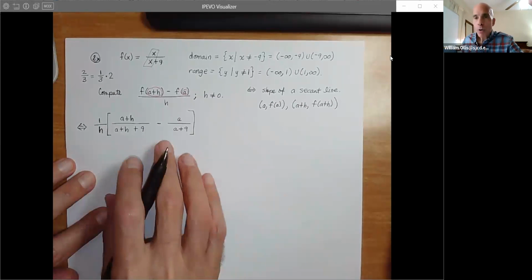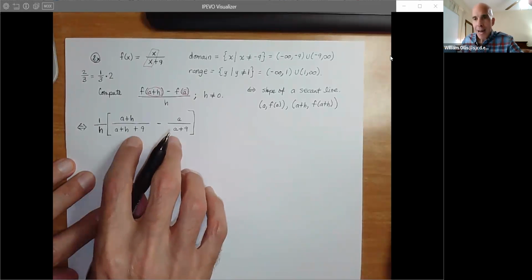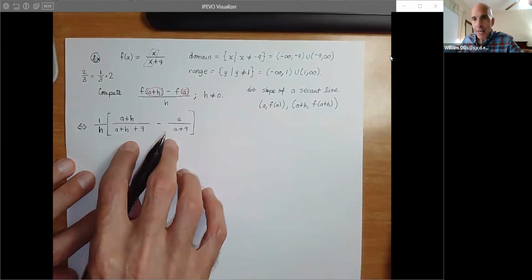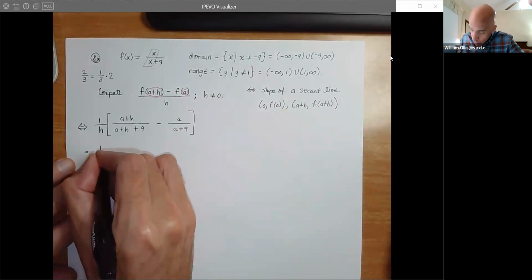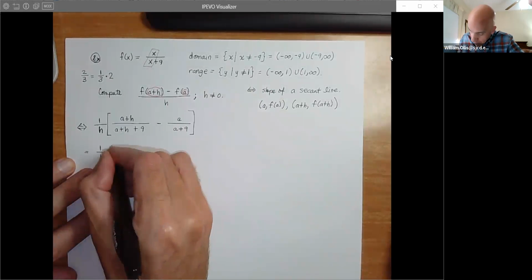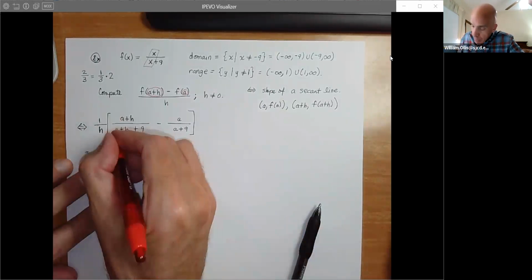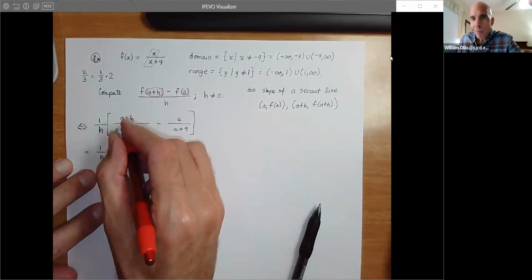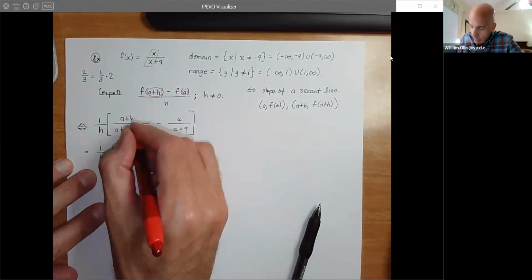Now, all we want to do at this point is that we've got two fractions. Two fractions mean common denominator and simplify. So now we have 1 over h. Now, what's the common denominator? Well, it's just like having, boy, have we done common denominators. Symbolic computation.